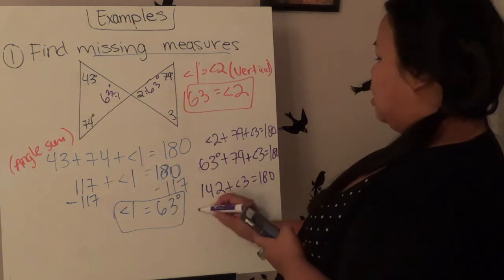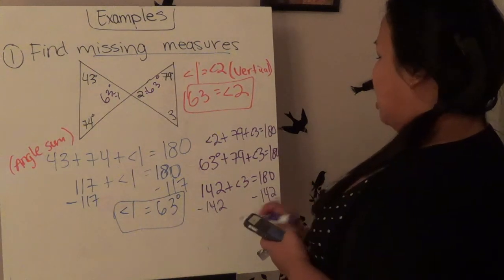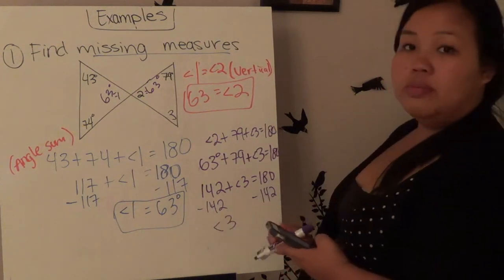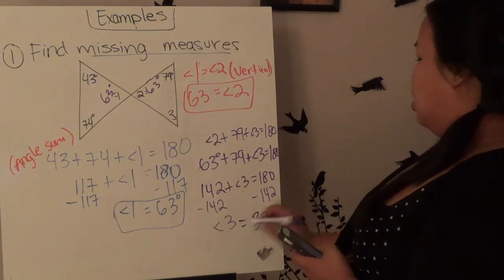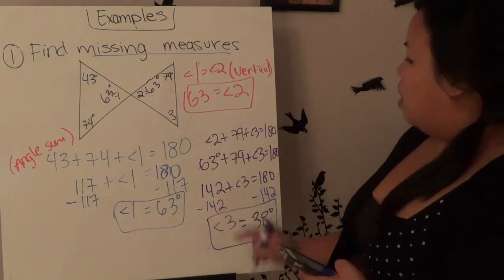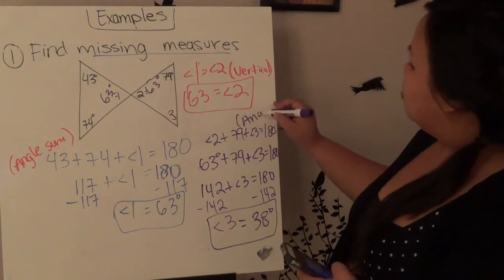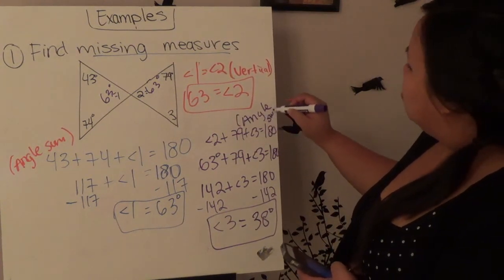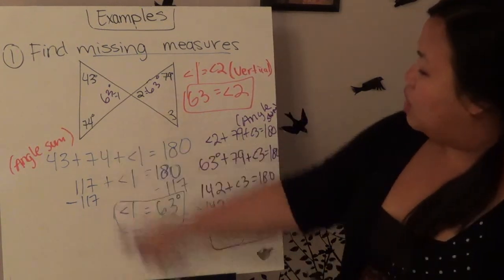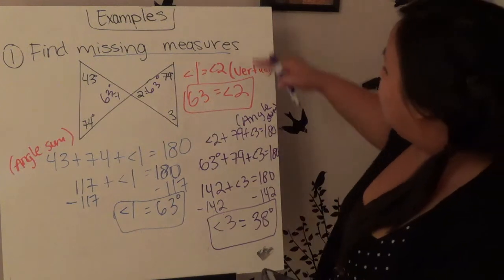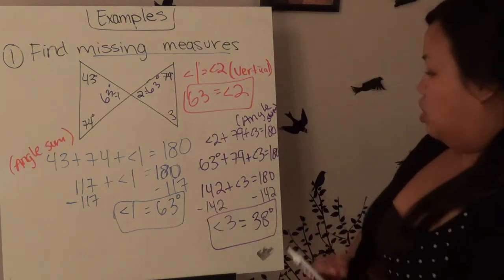Then I subtract 142 from both sides, and I end up with angle 3 equals 38 degrees. So these are my 3. Okay, and I have reasonings. This is also angle sum. So angle sum allowed me to solve this one, angle sum allowed me to solve this one, and vertical angles allowed me to solve this one, giving me all of my missing measures.